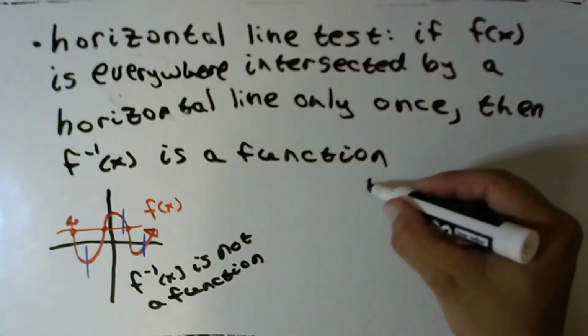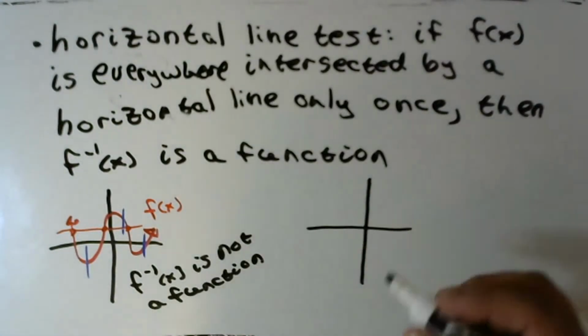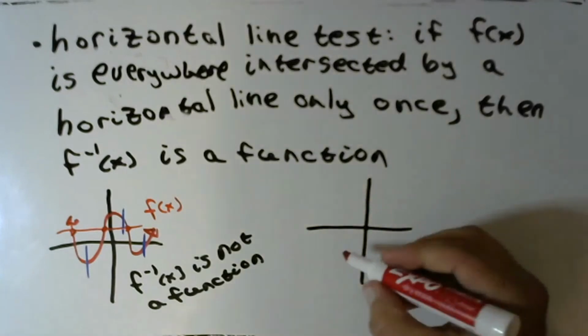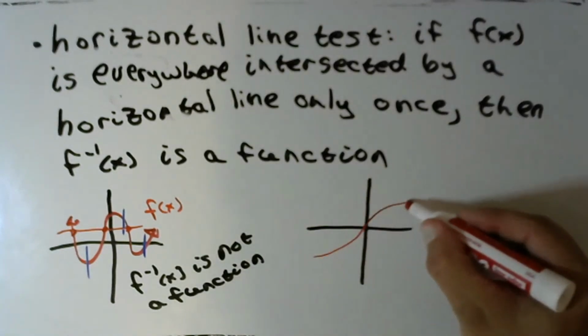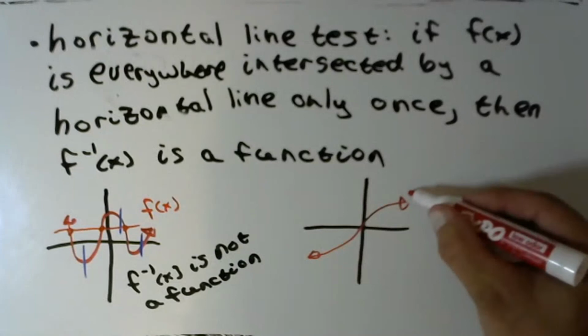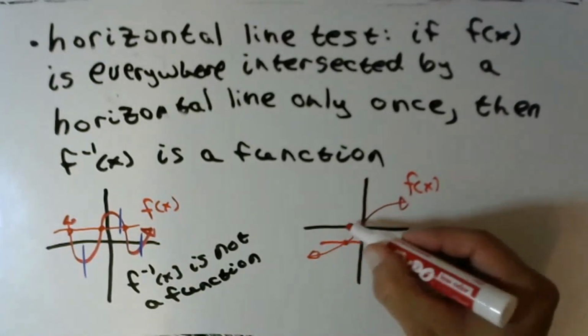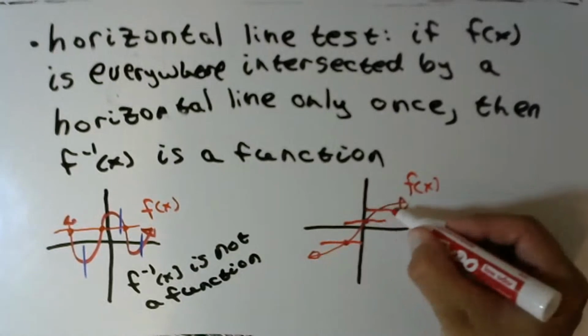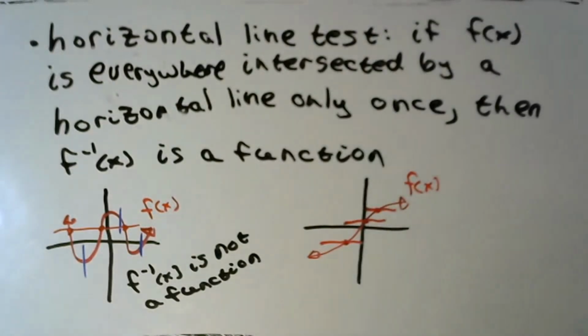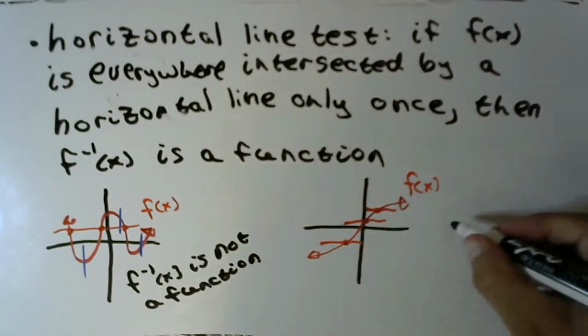On the other hand, if we graph a function f of x like this, and no matter where we put a horizontal line, that horizontal line only intersects f of x once.